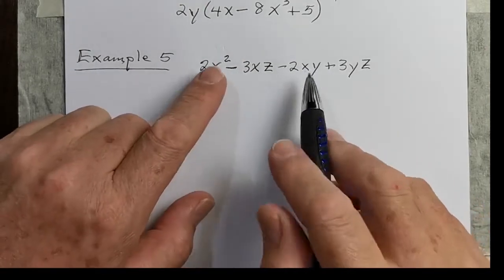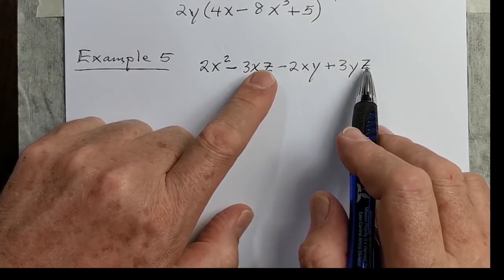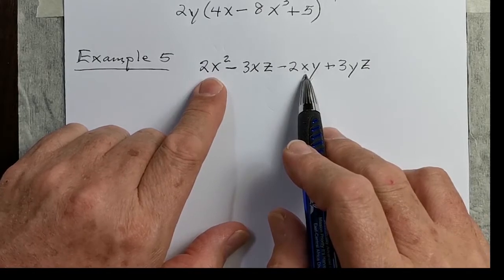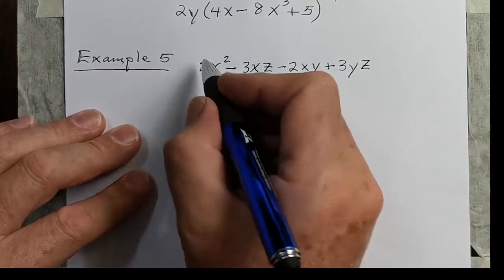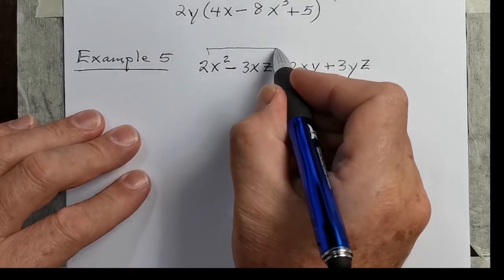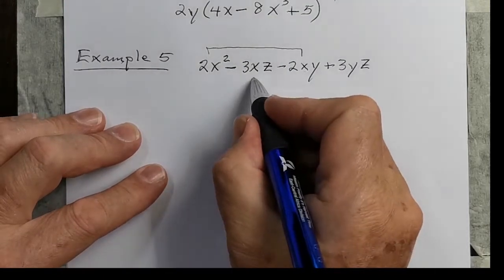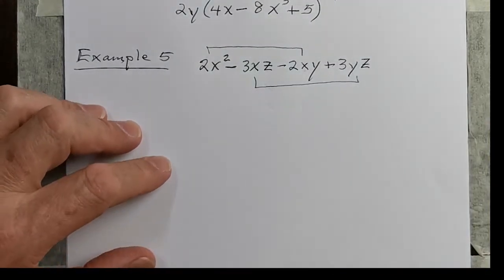There's no z in these terms, but we have z in both of these. So we see the z in both of these, the x in both of these. So perhaps if we group them as follows, we could consider this one together with this one, and then we consider this one with this one. So we'll group them in that order.